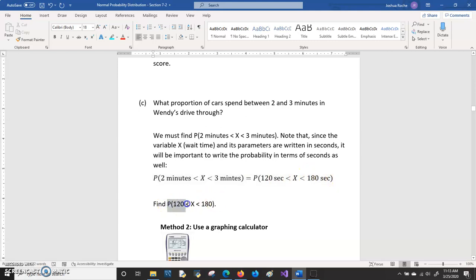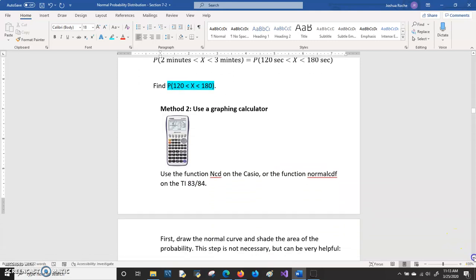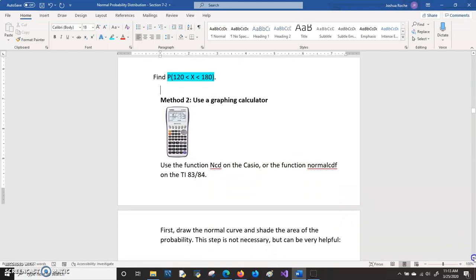So ultimately, this is the probability that we want to solve. The probability that x is between 120, which is 2 minutes, and 180 seconds. One way to find this is with a calculator.